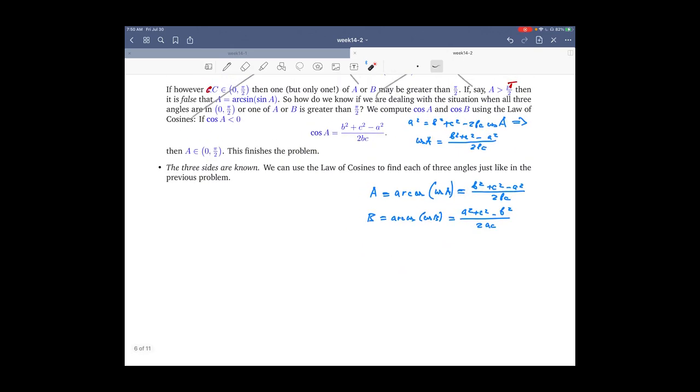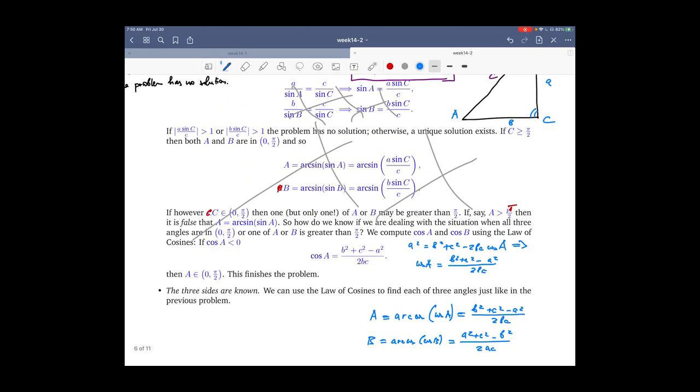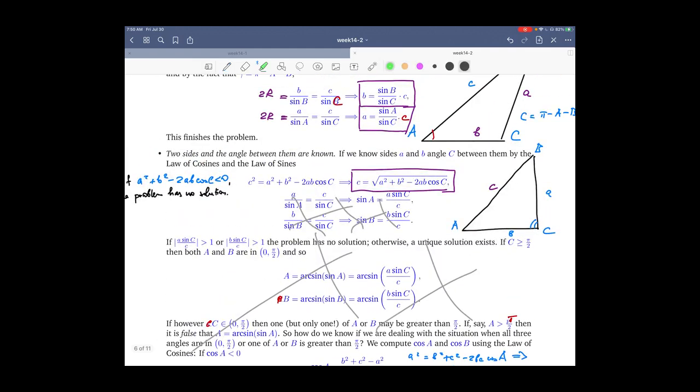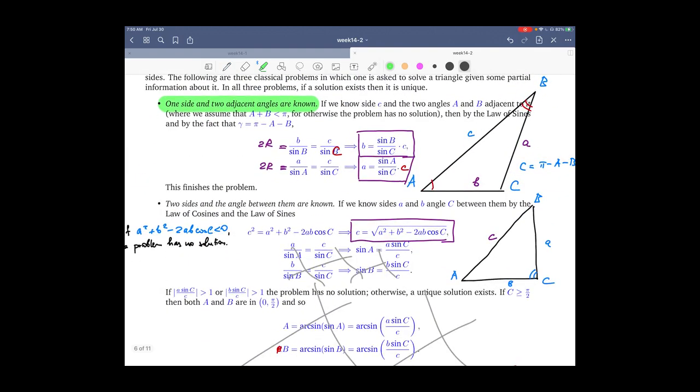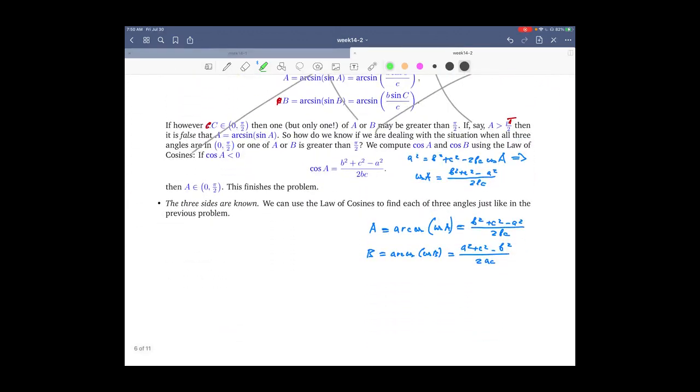And now when the three sides are known, the other classical situation. So one side and two adjacent angles are known. The other situation is when the two sides and the angle between them is known. And the third situation is when the three sides are known.